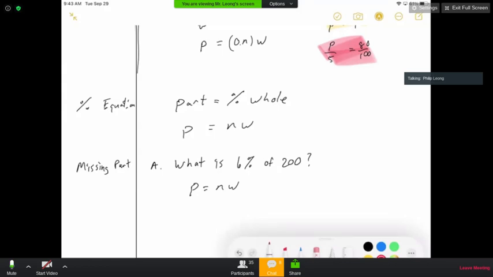So first of all, we know this is the percentage, right? So this is the N. And then of 200, so just like yesterday, of 200 is the whole. So what I'm missing is the part, right? So here we go. Now here's what's tricky.